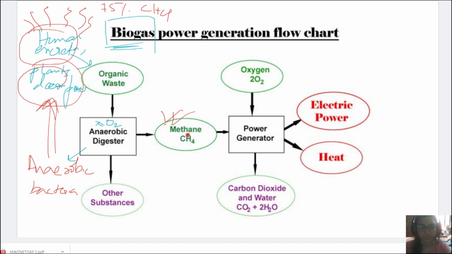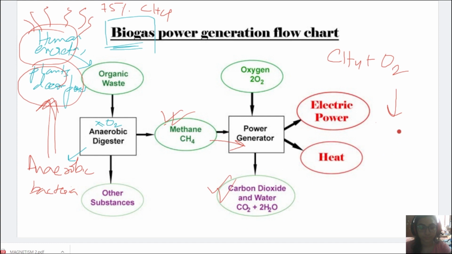So now what is happening here is that methane will be combusted, or will be reacted with oxygen. So heat will be given, anything being burnt in the presence of oxygen is combustion. So oxygen will come here. So methane, oxygen, and a lot of products will be formed.